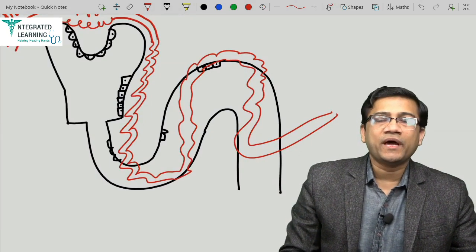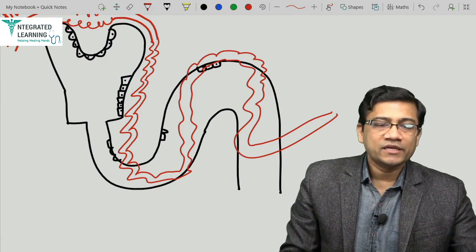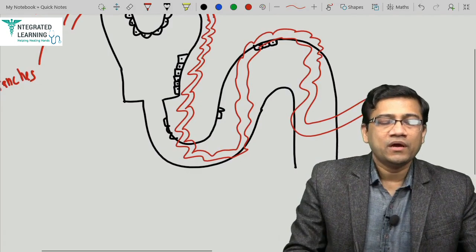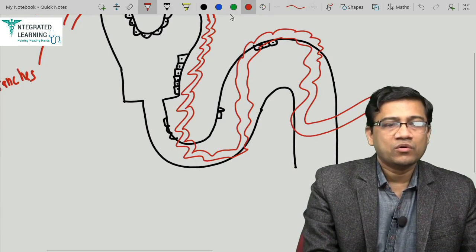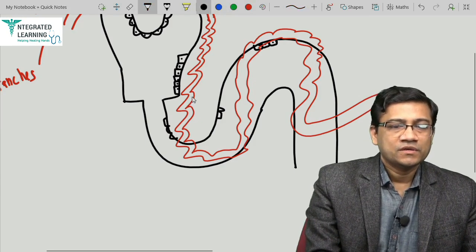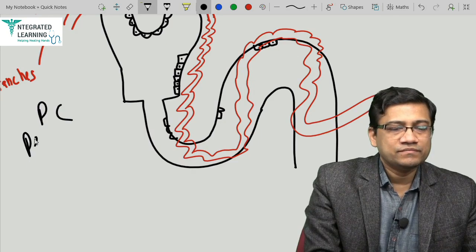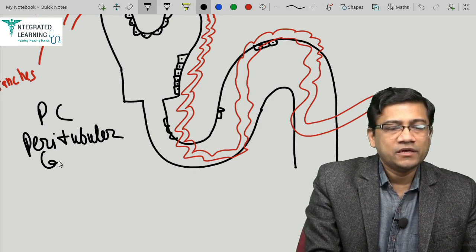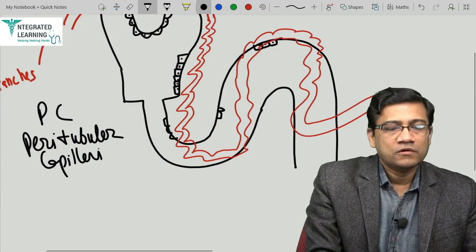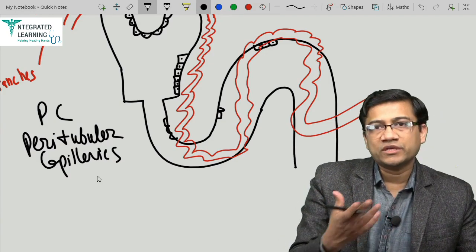Since it supplies all the tubules, loop of Henle, PCT, DCT, the name given is peritubular capillaries, PC. Peri means around, and tubular means outside the tubular cells.